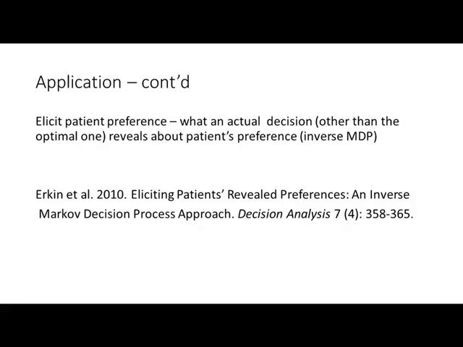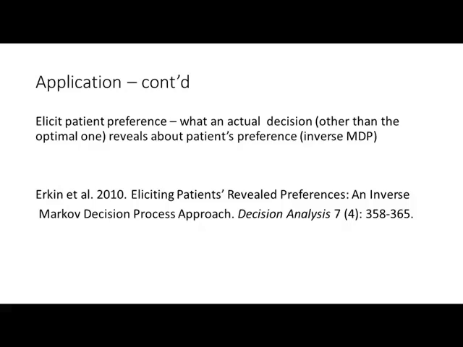Another very interesting category of application is this. It looks a little weird. What does an actual decision made by a patient reveal about the patient's preference? What does it mean? Well, we know with Markov decision process, we can derive the optimal decision.